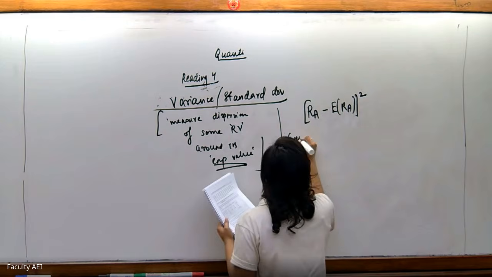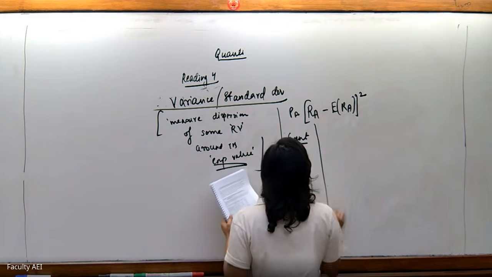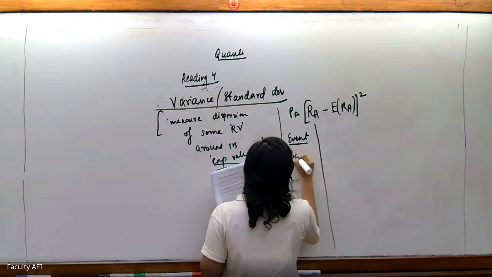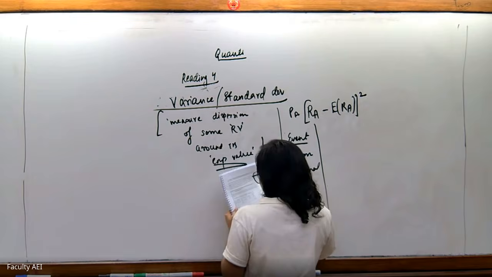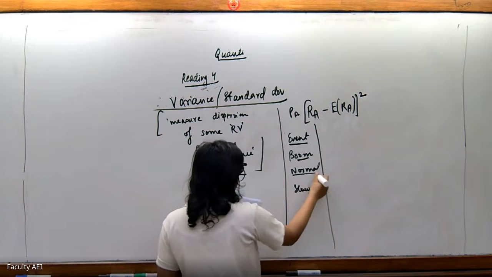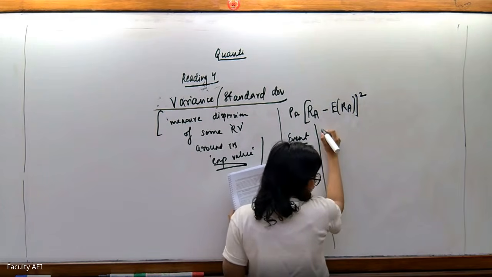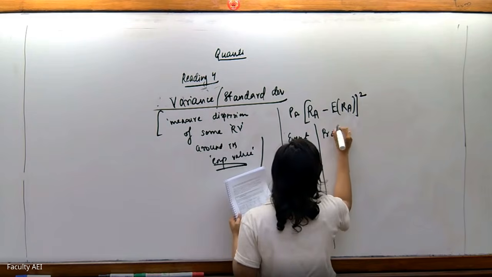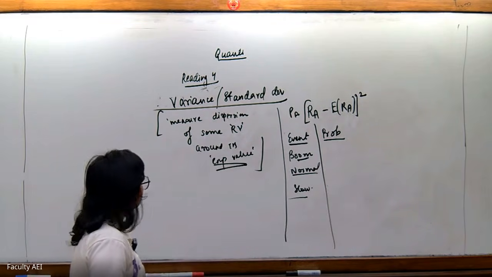So if you have events with probabilities, let's say you have an event: boom, normal, and slow. Your economy is in boom, your economy is behaving normally, or your economy is in a slow mode. And you have probabilities. So we had started with reading 4.